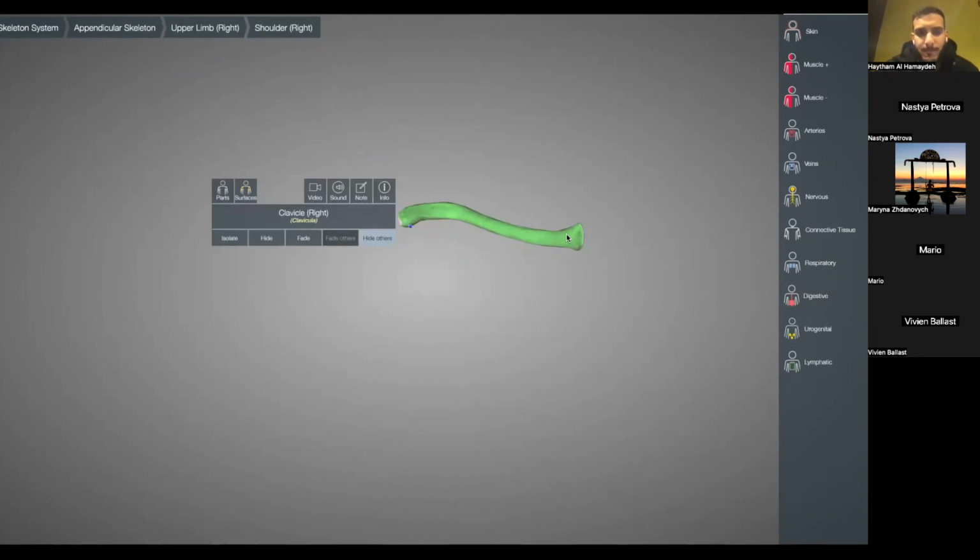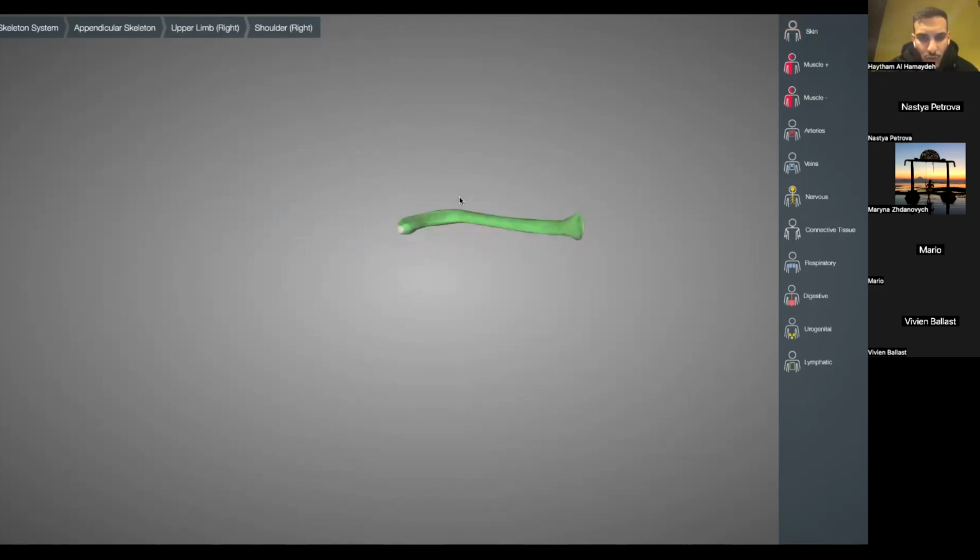We have the shaft. We have conoid tubercle, oblique line here. We have conoid tubercle. Of course, you should all know your pins.